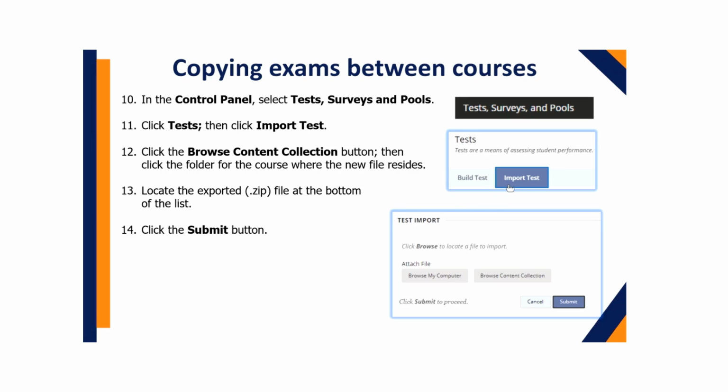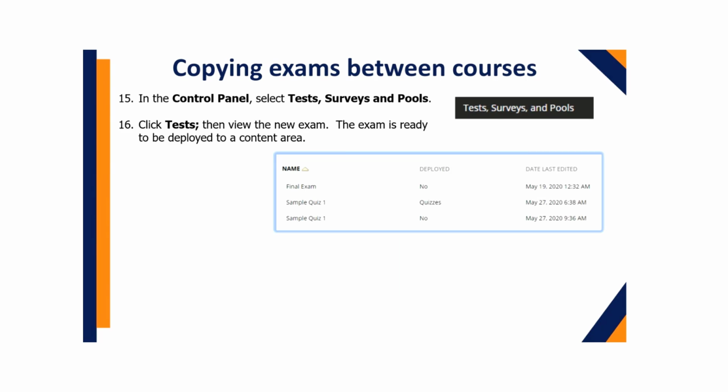Here, from the control panel, once you've exported it, you're going to click test and import. You're going to import from this area, browse content collection, and then click submit. Then here's where you would go to your tests, surveys and pools, and your new exam will be there. At first there was only 1 in here, and now there are 2 exams.